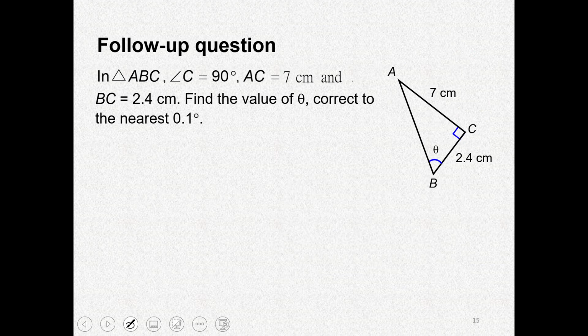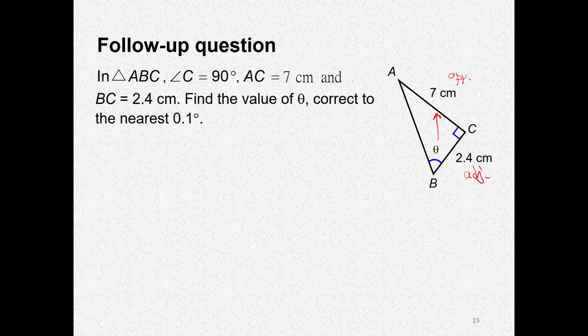So how about this question? We have to find out the unknown angle theta. What is the relationship of AC to theta? AC, 7, is the opposite side of theta, right? So how about the 2.4? 2.4 is the adjacent side of theta, right?